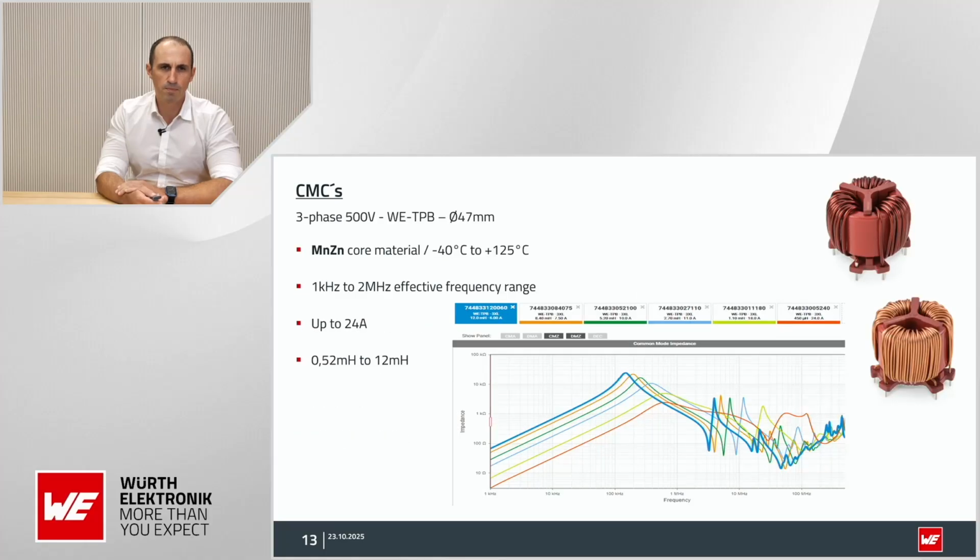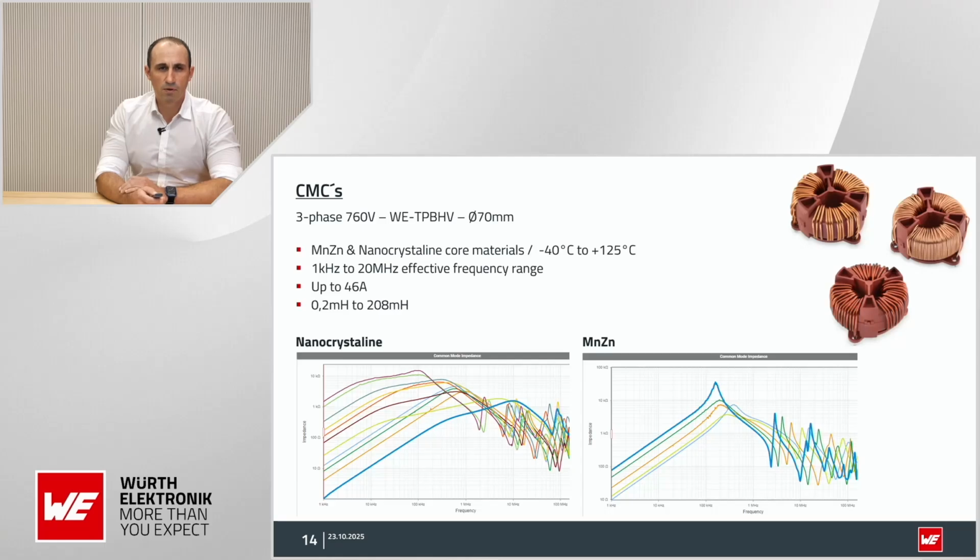Combo chokes for 500 volts, we have the manganese zinc ones. They work pretty well in the frequency range below, let's say, 5 megahertz. So that is the advantage of manganese zinc. And for the higher voltage applications like 760 volts, we have also manganese zinc and nickel zinc, nanocrystalline, sorry.